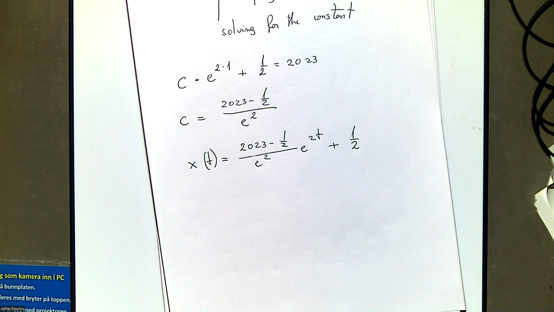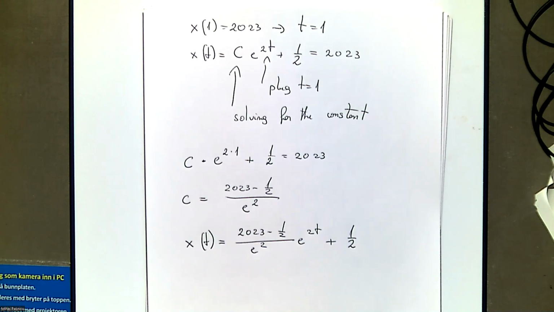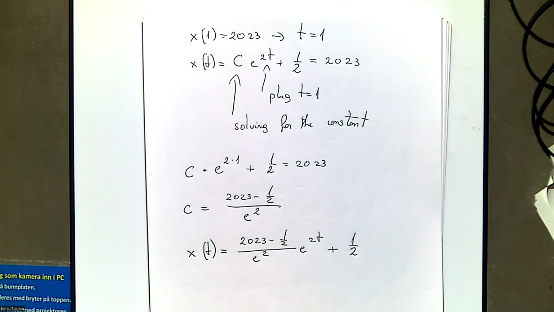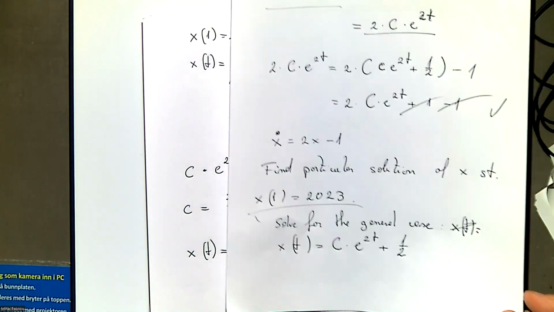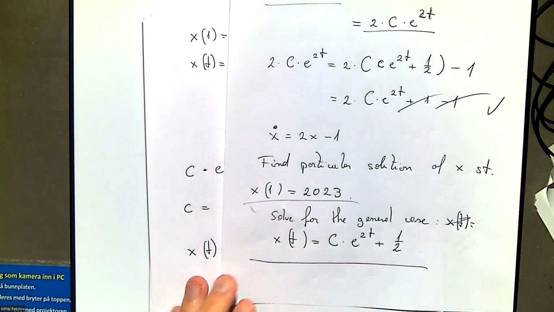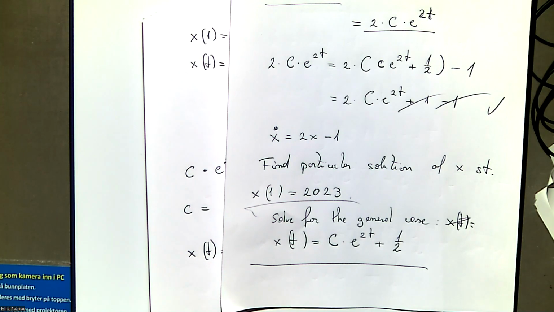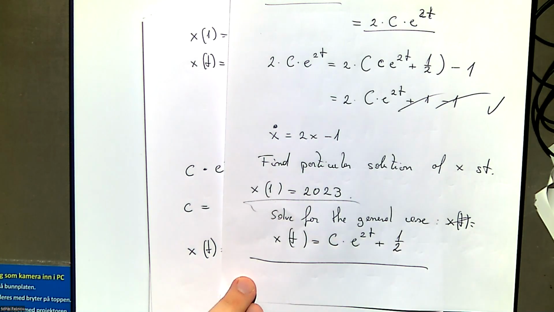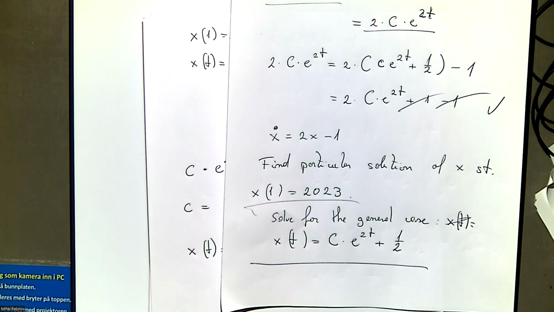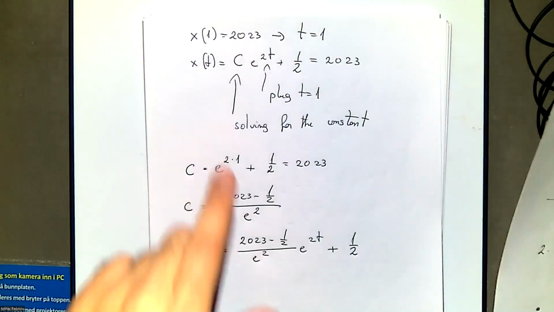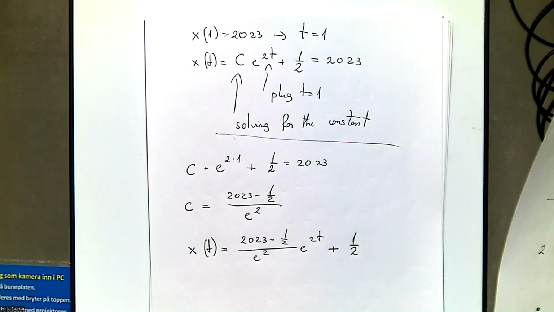Okay? So, in terms of methods and what you actually have to do for particular solutions, it's just solve the general case, and you get the general formula. And then you just plug in what they're telling you. So you plug in t equals what they tell you, and x equals what they tell you, and you solve for the constant. That's the most important part. You got to solve for the constant.